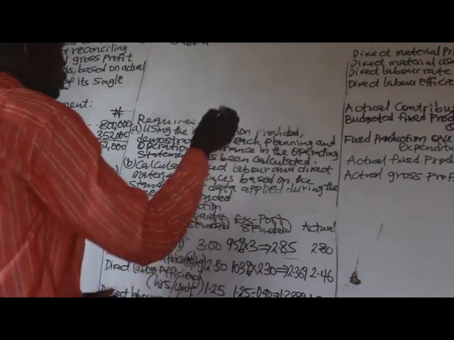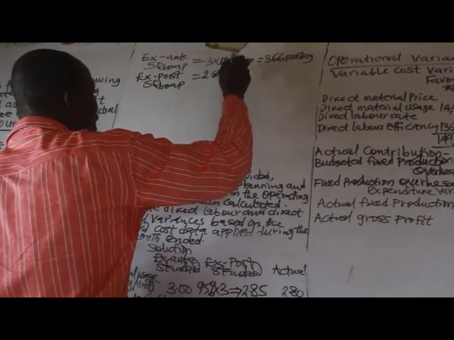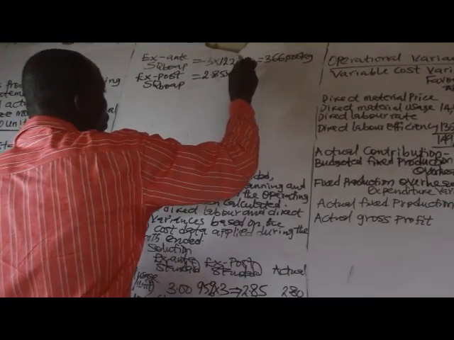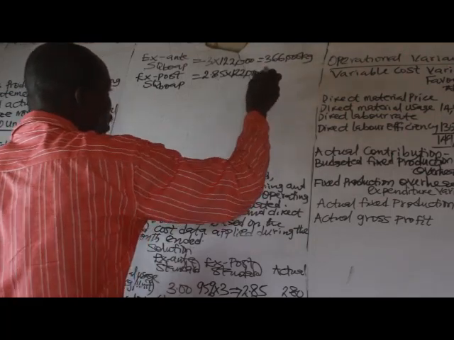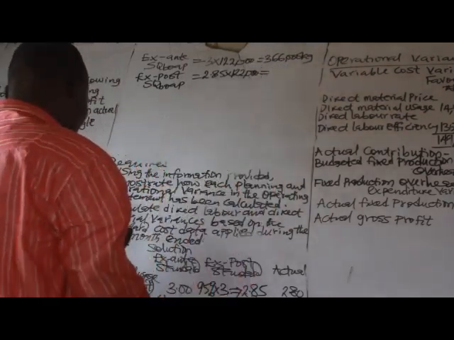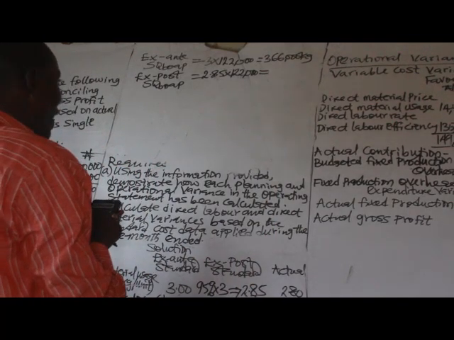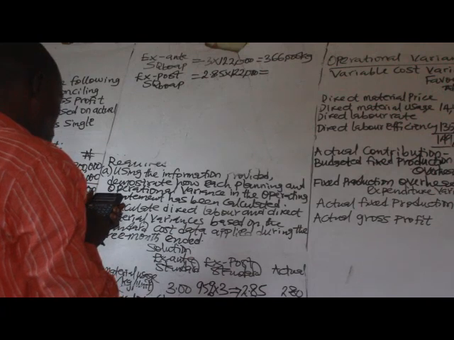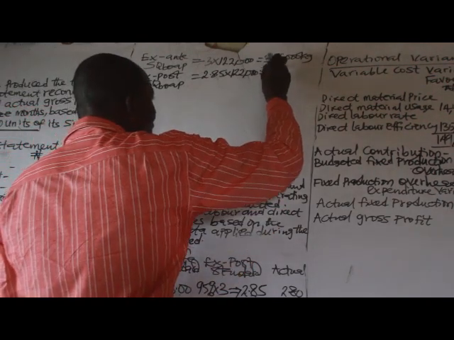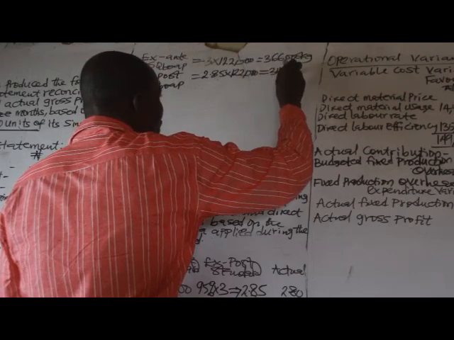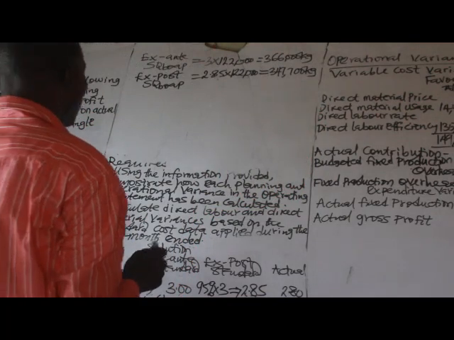So we have 2.85 times the actual production of 122,000 units. Remember, I told you that sales and production are the same, since production is not given. So 2.85 times 122,000 gives us 347,700 kg. That is our ex post standard quantity.